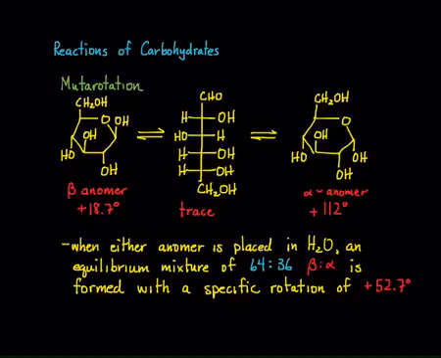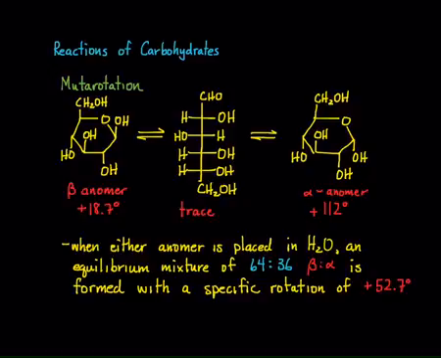And that particular ratio has its own specific rotation, obviously, of plus 52.7. So this is what we refer to as mutarotation: regardless of which one I start with, if I place them in water, I get this equilibrium established that sets up this 64%, 36% mixture of the two anomers.